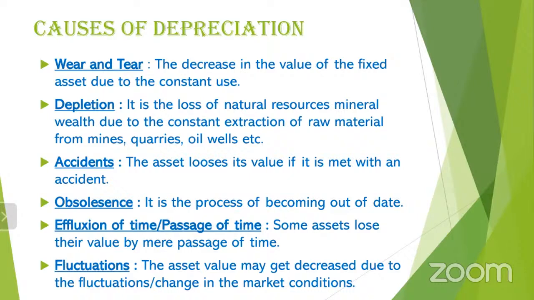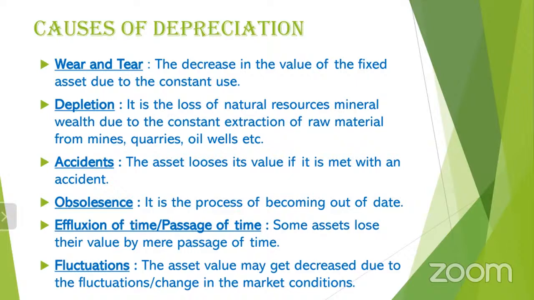The difference between depletion and depreciation is that depletion is concerned with exhaustion of economic resources, and depreciation is the decrease in the value of an asset due to its usage or passage of time. If we continuously extract those minerals, exhaustion will happen.